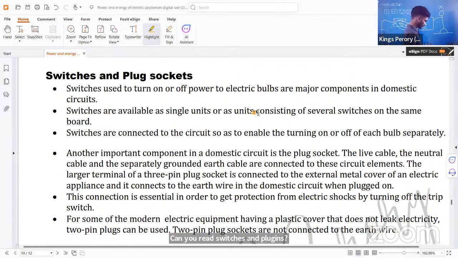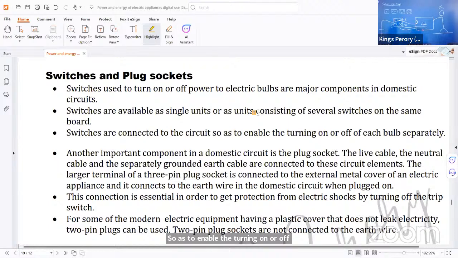Switches and plug sockets. Switches used to turn on or off power to electric bulbs are major components in domestic circuits. Switches are available as a single unit or as a unit consisting of several switches on the same board. Switches are connected to a circuit so as to enable turning each bulb on or off separately.